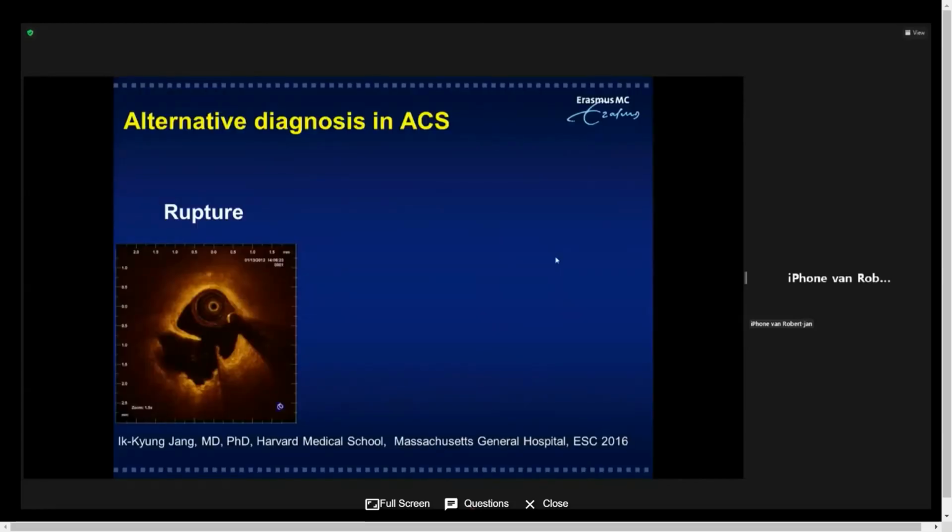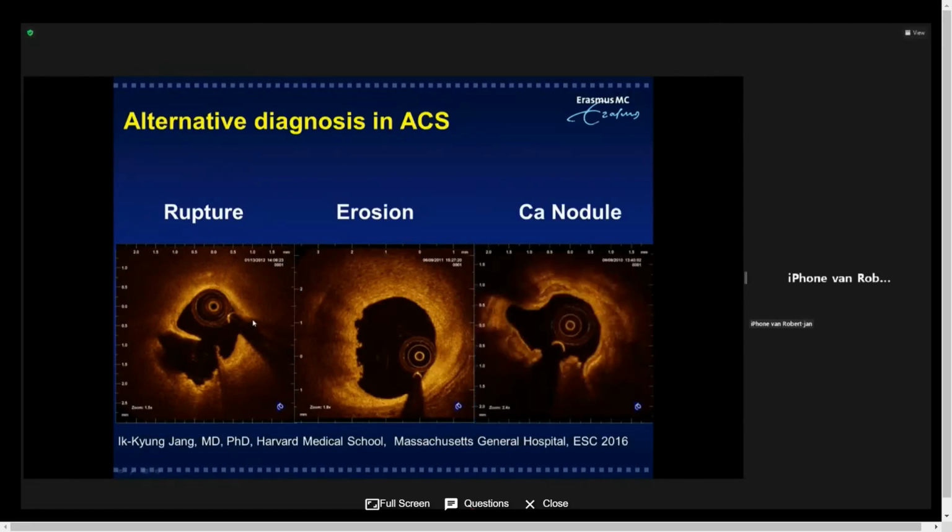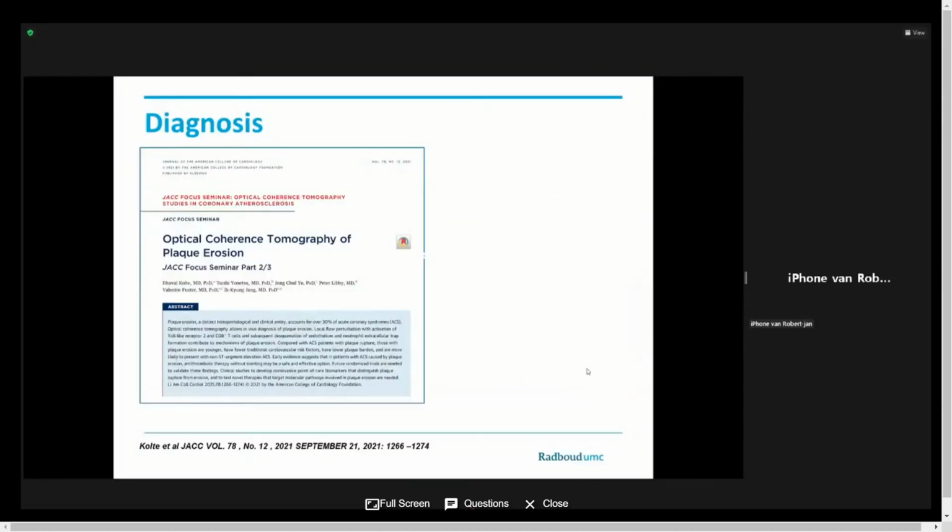So if we look at the past few years of OCT imaging, we have learned that in ACS patients, even in STEMI patients, we can see ruptured plaque, erosions without rupture but with thrombus on top of it, or calcified nodules which are protruding into the lumen, which have all been identified as potential reasons to have an ACS with a thrombus.